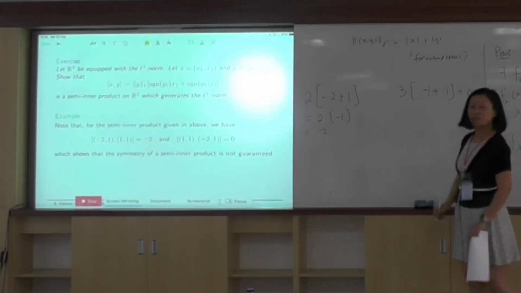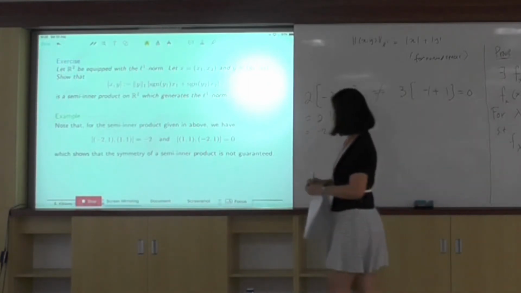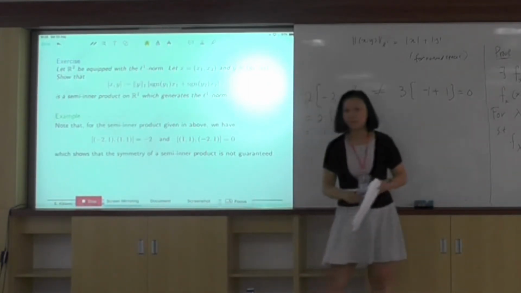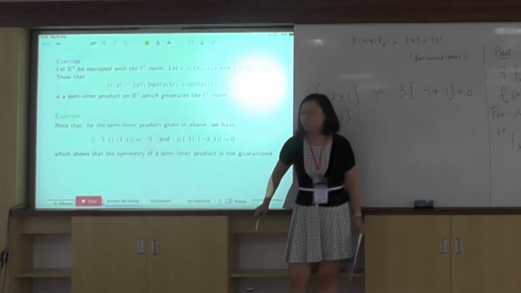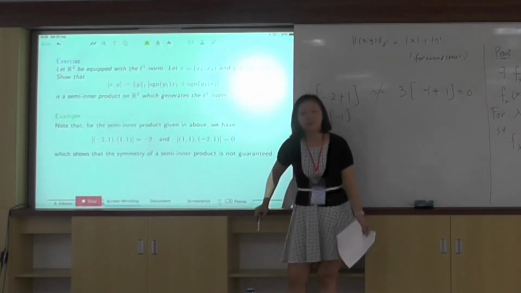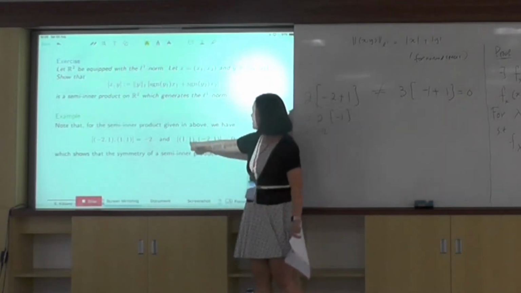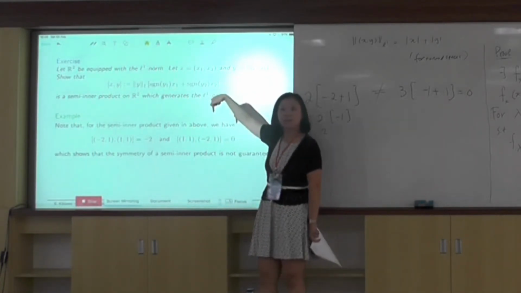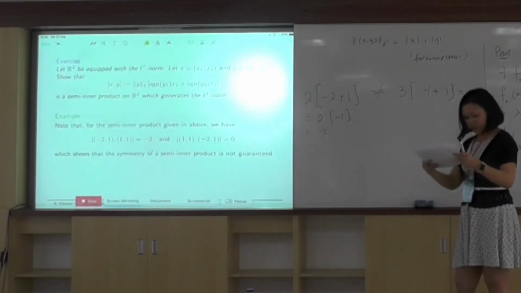Not equal, yeah? So symmetry is not necessarily guaranteed. So suppose I define my orthogonality to say x is orthogonal to y if the semi-inner product of x, y is 0, then you see that this guy is orthogonal to that, but not the other way around. Right? So symmetry is not guaranteed.